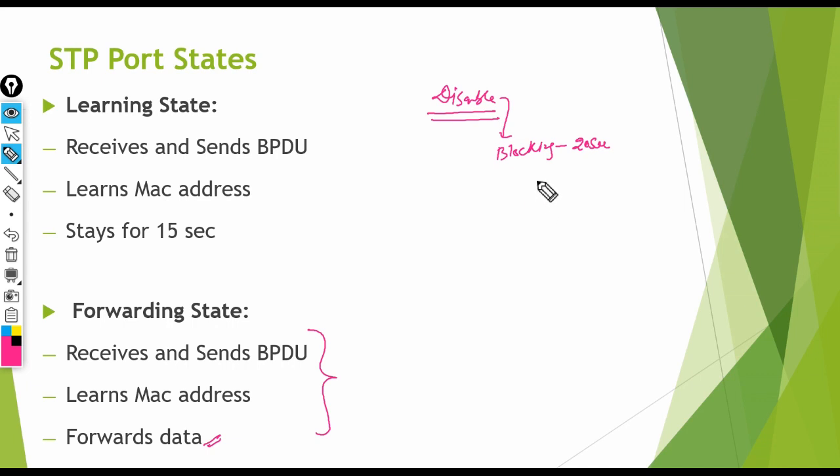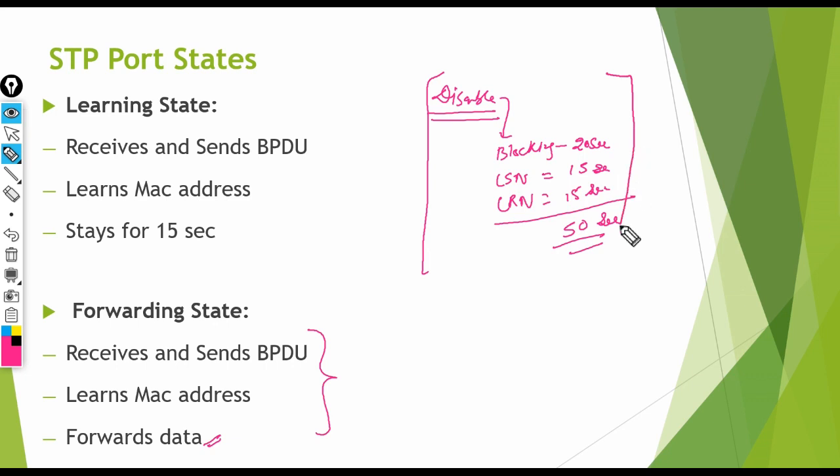If your switch is running and you are connecting PCs to it, the switch port will go to the listening state and it will be there for 15 seconds, and then it will go to learning for 15 seconds. So the total forwarding delay when you add it up is going to be 50 seconds when you start your switch and PC at the same time.